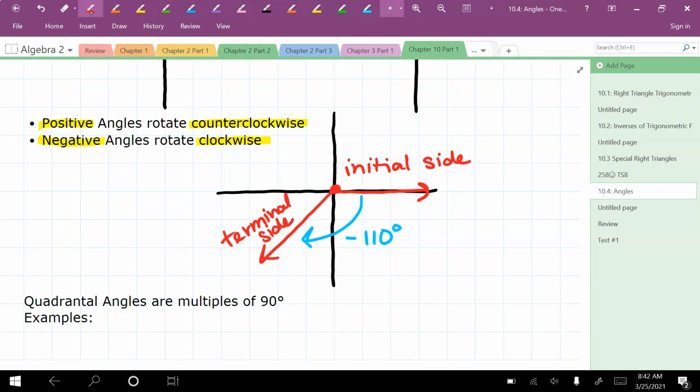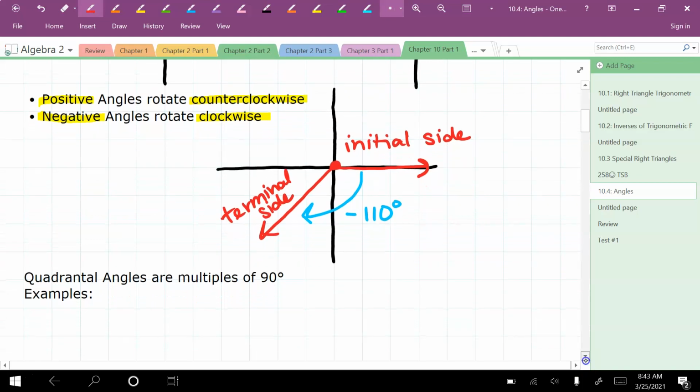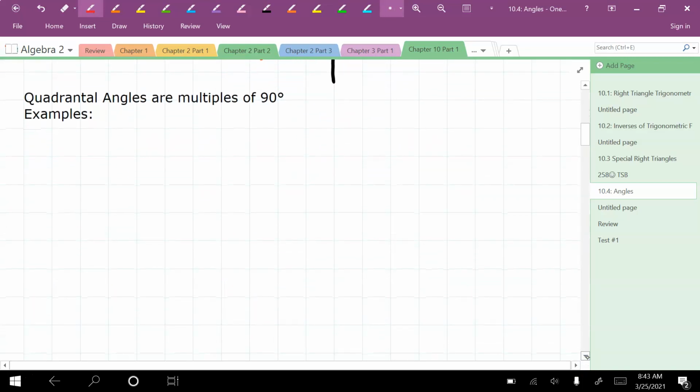They have to go 360 degrees around continuously, or your car's not going to do you much good if your tire only goes half the direction and then stops. So we're talking about angles that can continue to rotate around this point. These are known as multiples of 90 degrees. If we think about our quadrants, we have 4 quadrants in there.